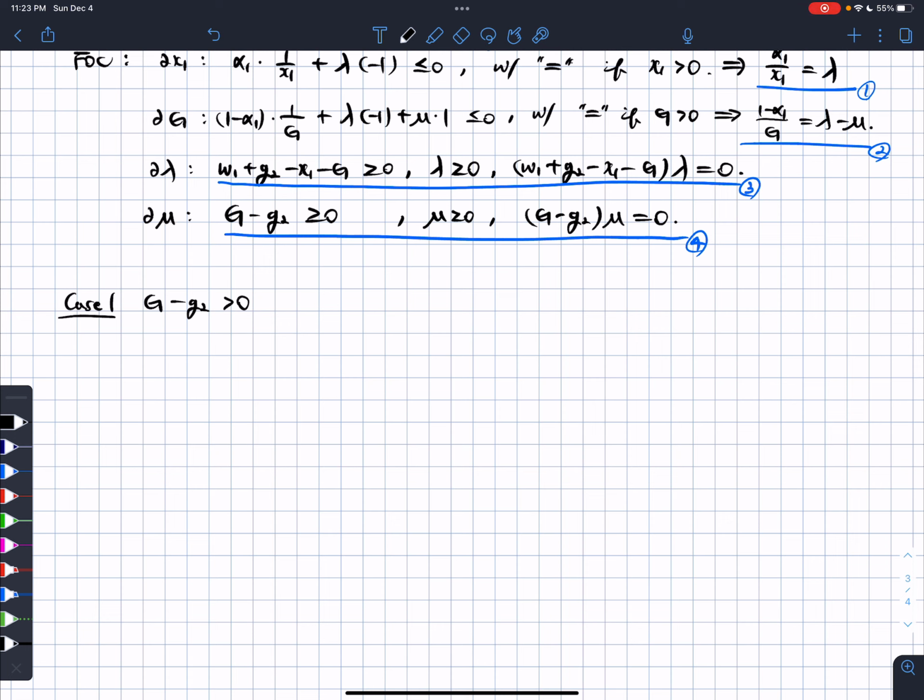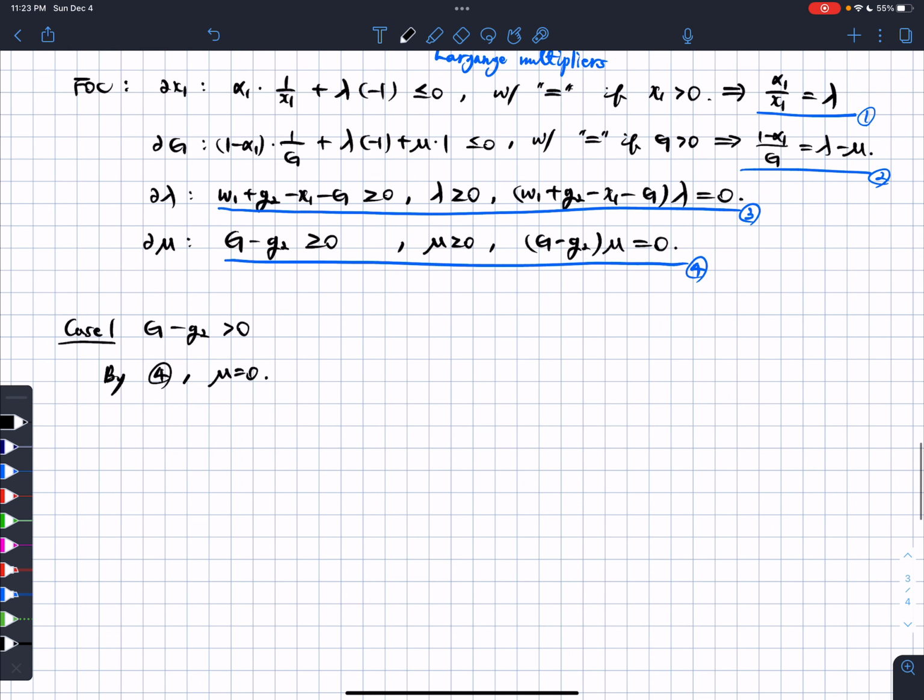Okay, then by this complementary slackness condition, if this is strictly positive, then mu should be equal to 0, right? So by equation number 4, we have mu equal to 0. And that is good news, because if I have mu equal to 0, I know that this will simplify, okay? And moreover, this Lagrange multiplier lambda will be positive.